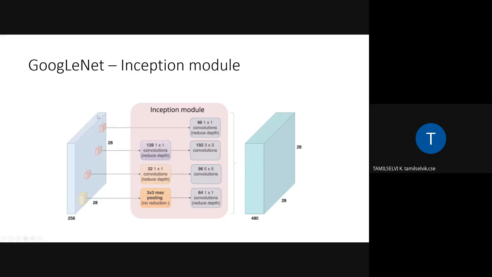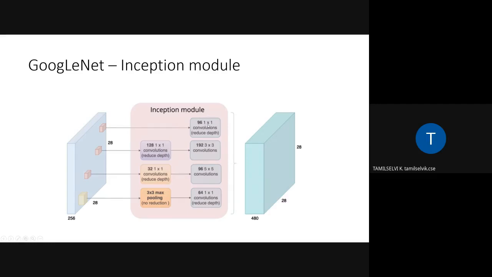This inception module will take multiple things and give you the aggregated output. Then 128 into 1 cross 1 convolution, this will reduce the depth. Then 32 into 1 cross 1 convolution, so it will be reduced. Here 32 is nothing but 32 filters. Then 3 cross 3 max pooling, so there is no reduction in the number of things.